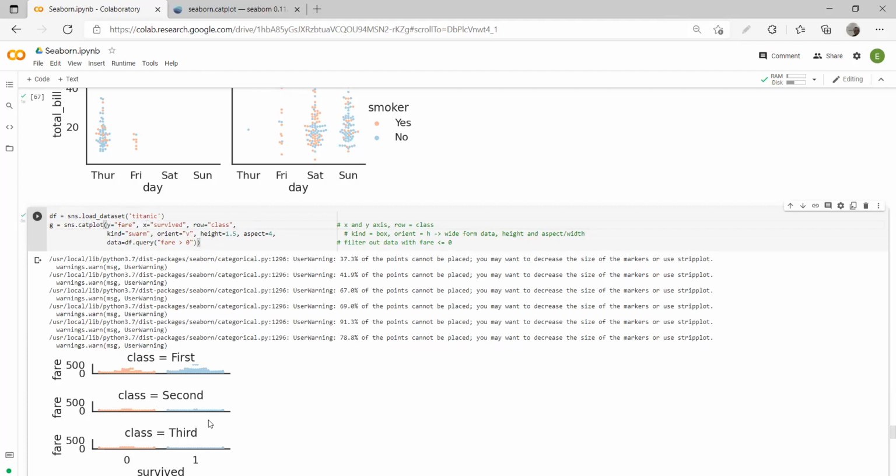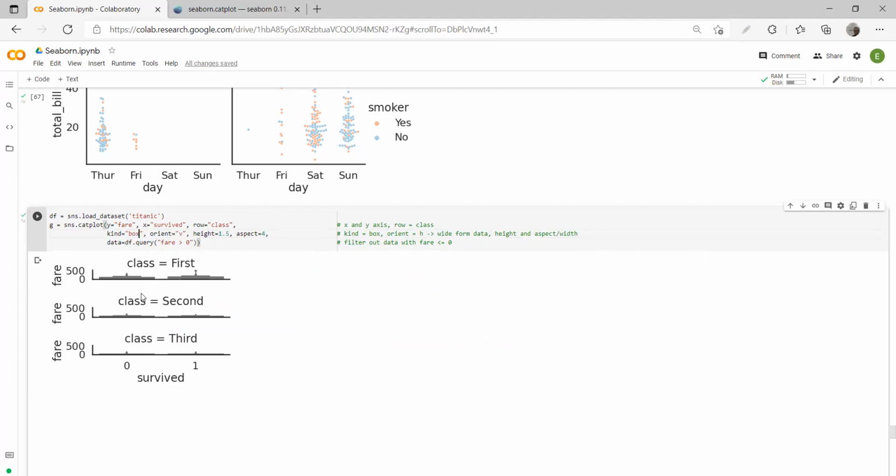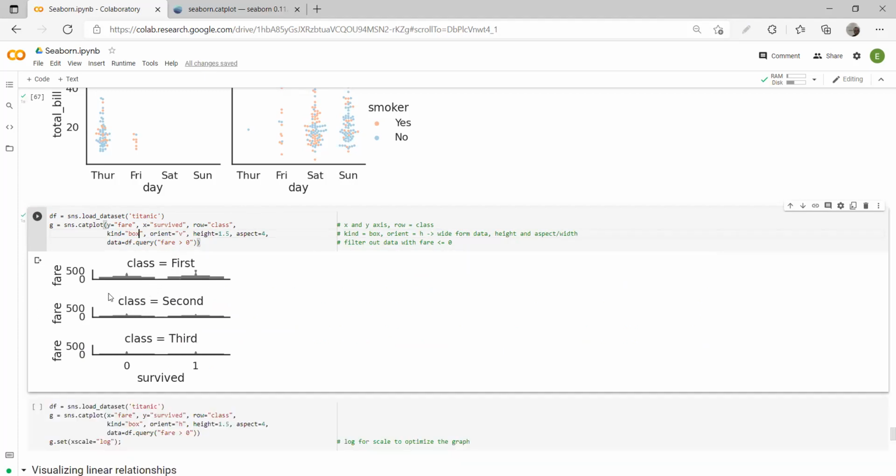It's still a little bit visible, but not really. Box plot also you can hardly make out.